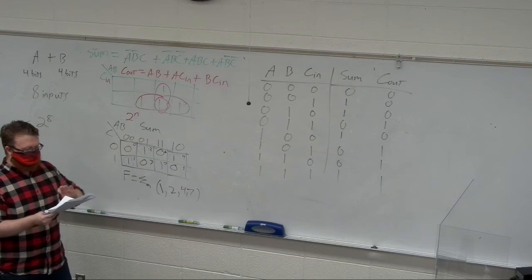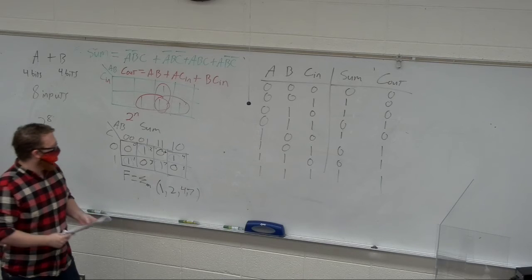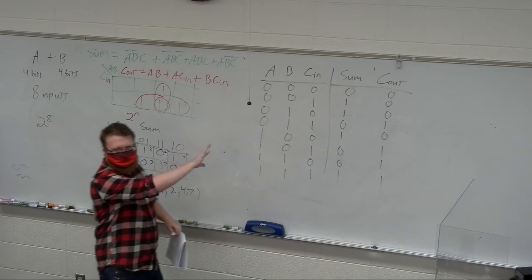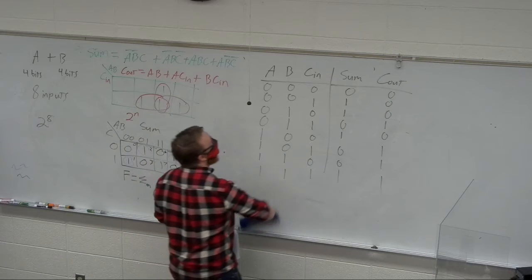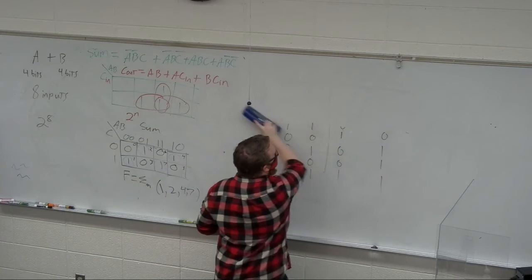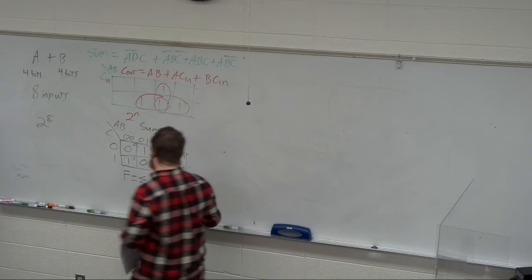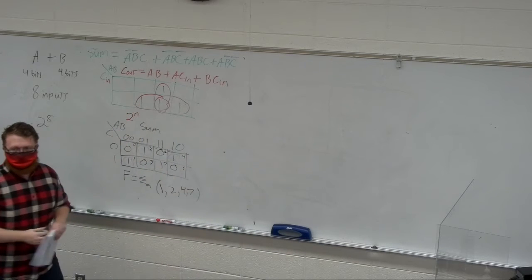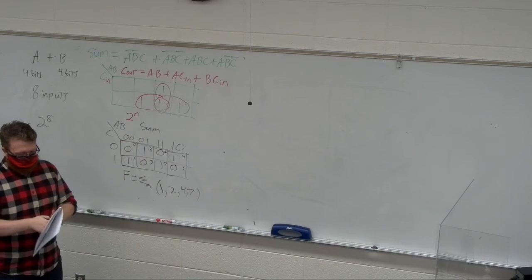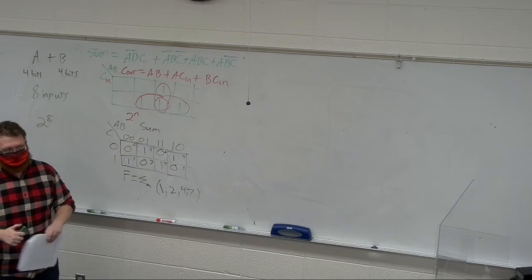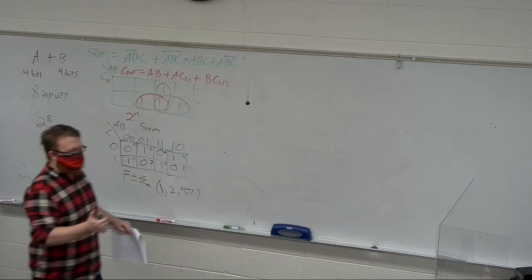Sorry, now I have to gather my thoughts and remember what we're doing. Okay, are we okay if I erase the truth table at this point? Now we need to design a circuit off of this. We have 2 equations. And we know what the plus sign means and we know what multiplication means, right?